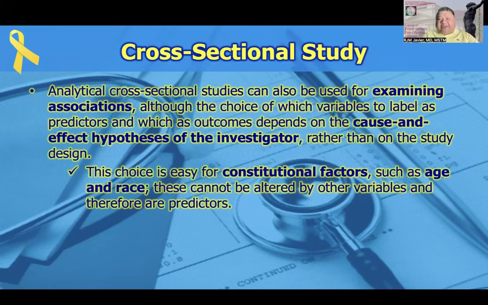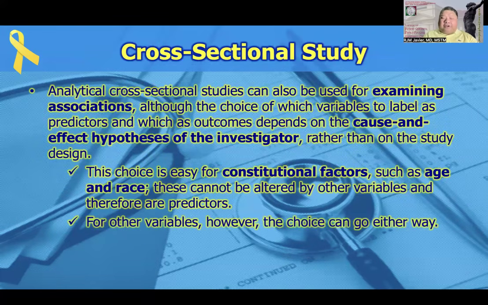This choice is easy for constitutional factors, including age and race, and these cannot be altered by other variables and their other predictors. However, the choice can go either way. Parang when we talk of analytical cross-sectional studies, which came first, the chicken or the egg?